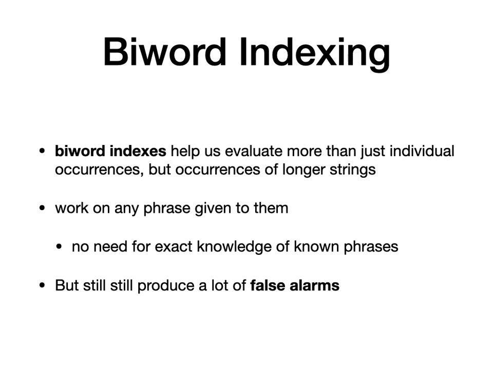But these are good. These byword indexes can help track not just individual one-off word occurrences, but a little bit about their location and adjacency to each other. A great thing about these is that it works on any phrase that you hand to it. It doesn't have to be a known phrase. We don't have to know all the states of the union, all the countries in the world, all the capitals of all the places.